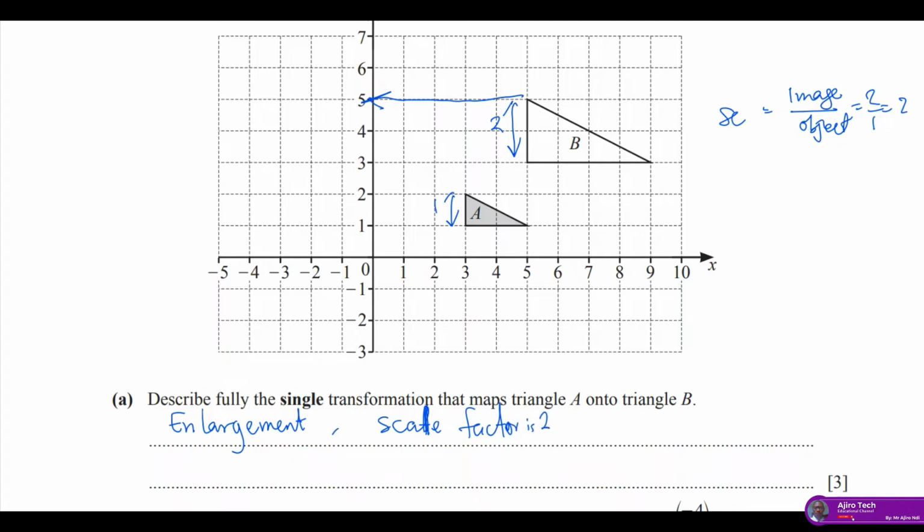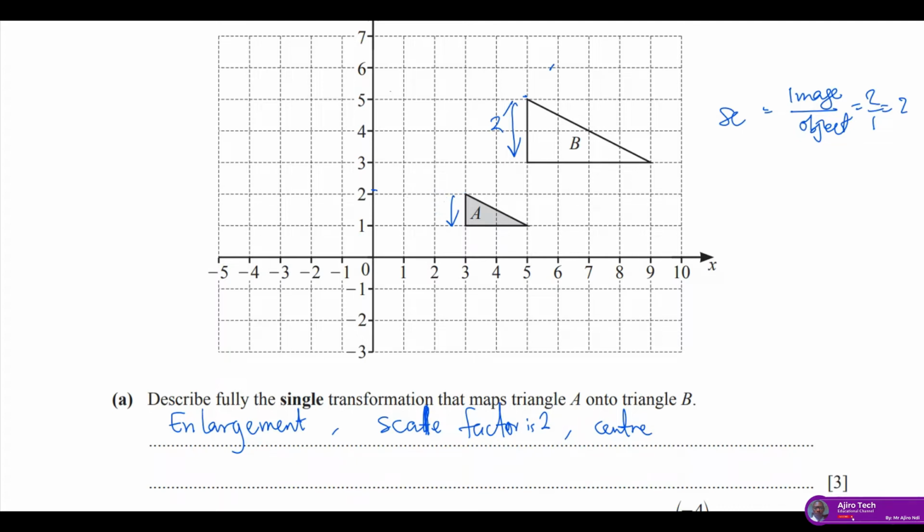Then for the center of enlargement, the distance from this point to the center is 2 times the distance from this point to the center. Another way of looking at this is to just join these points. Don't consider the algebra, that is very confusing.